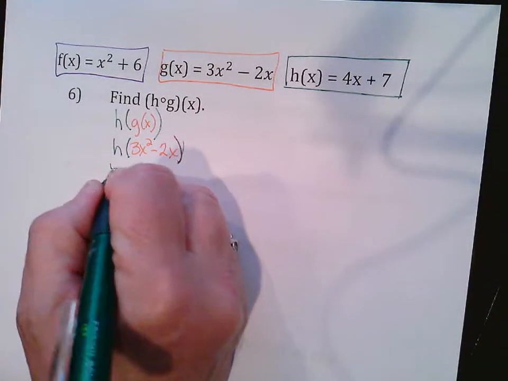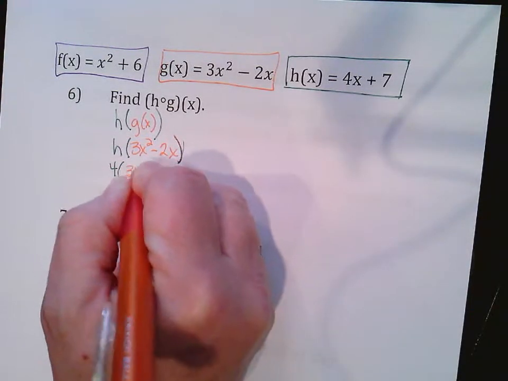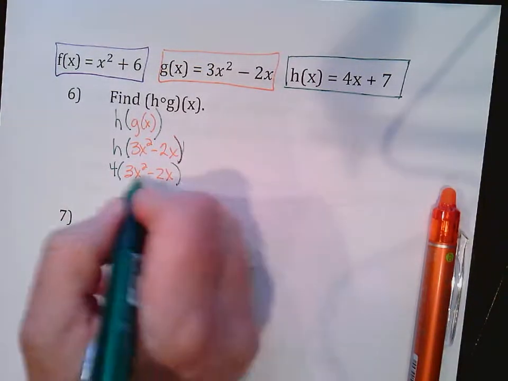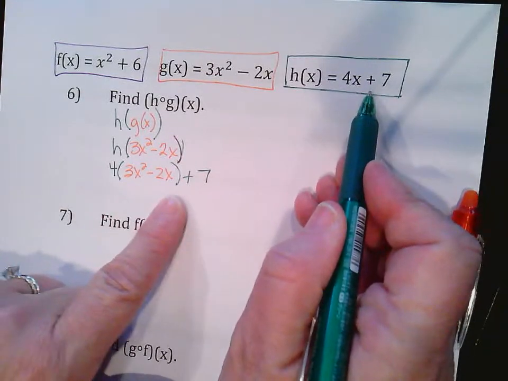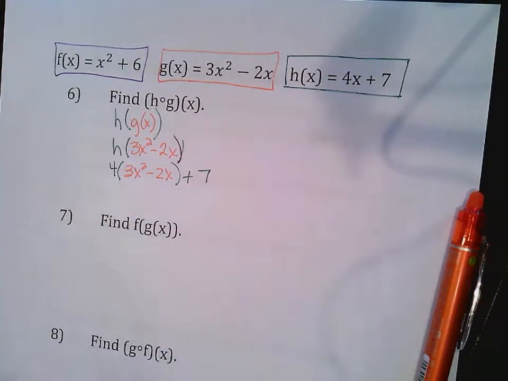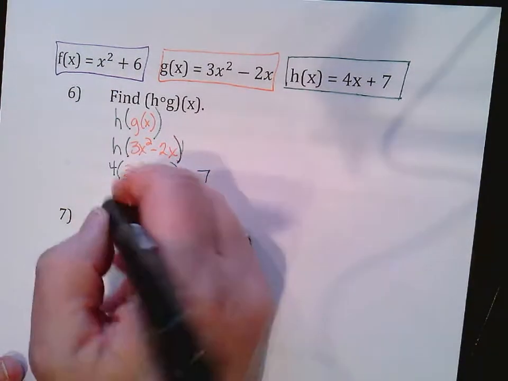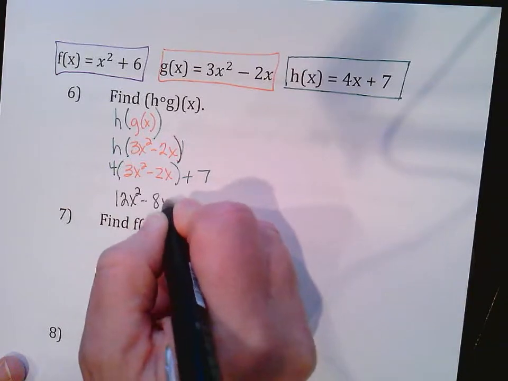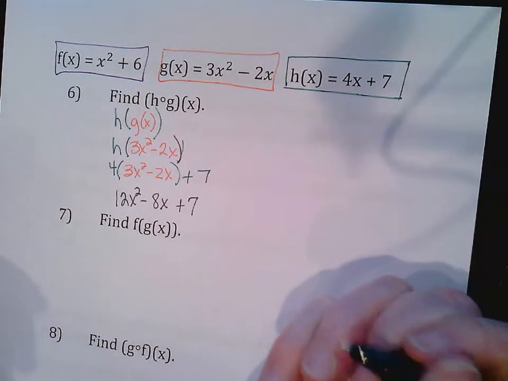So I'm going to have 4 times 3x squared minus 2x, that's my x, plus 7. Now I'm going to simplify, and I've got 12x squared, distributing the 4, minus 8x, plus 7. And there's no way I can simplify that anymore.